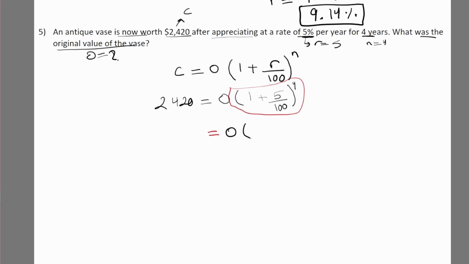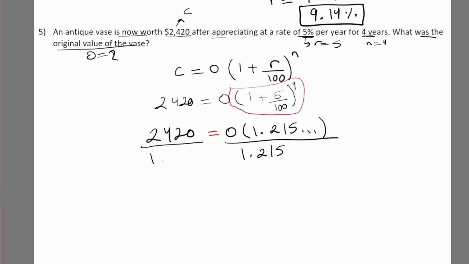Okay, so this entire expression gives you like 1.215 and a bunch of more decimals. Keep it accurate on your calculator. And we have 2,420 right here. So to find the original, we're going to divide through by 1.215. So 2,420 divided by 1.215.